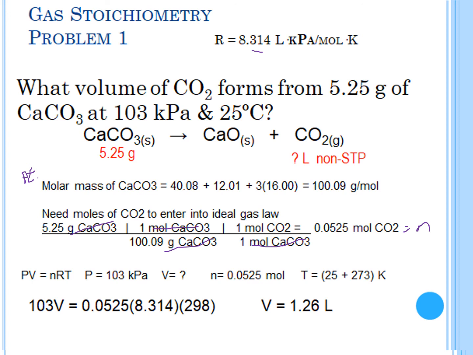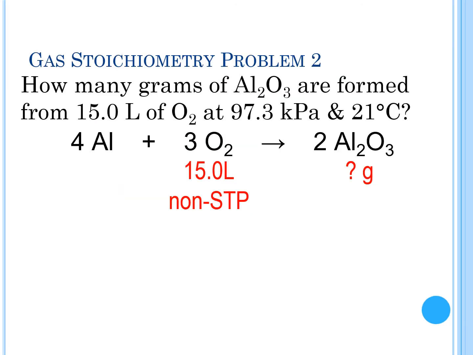Okay. So let's try one other sample problem. How many grams of aluminum oxide are formed from 15 liters of oxygen at 97.3 kPa and 21 degrees Celsius? So in this case, our balanced equation, we have a mole ratio of 4 to 3 to 2.